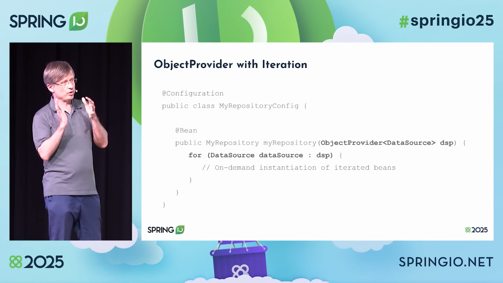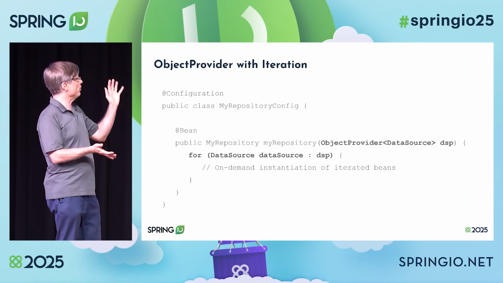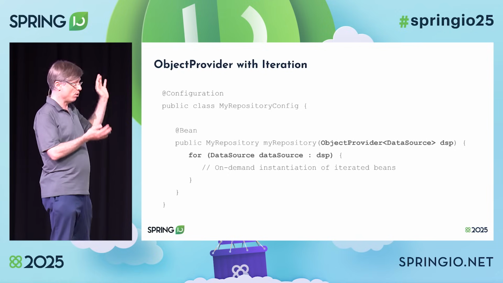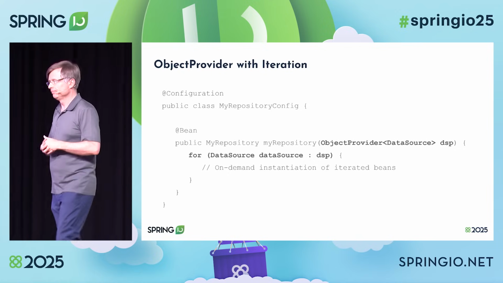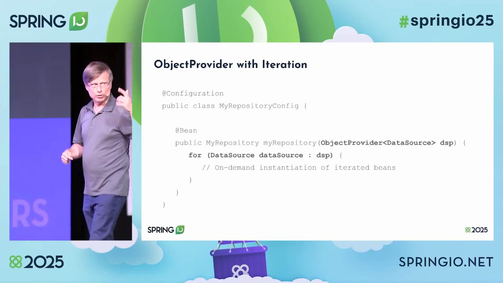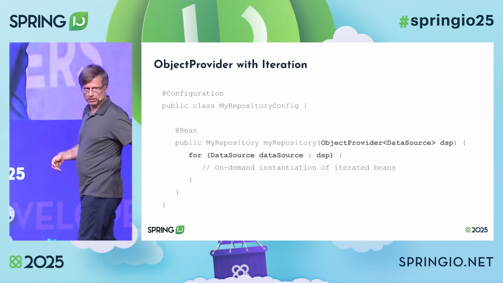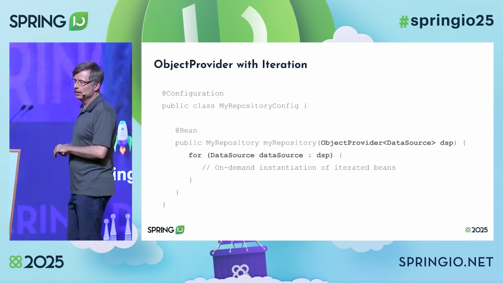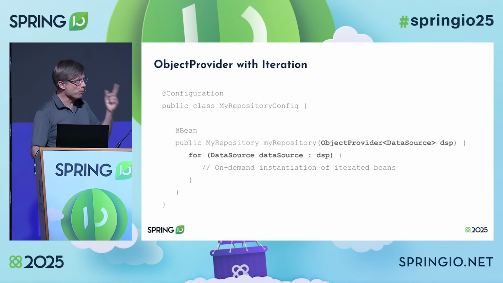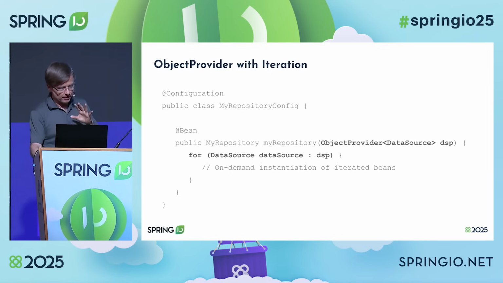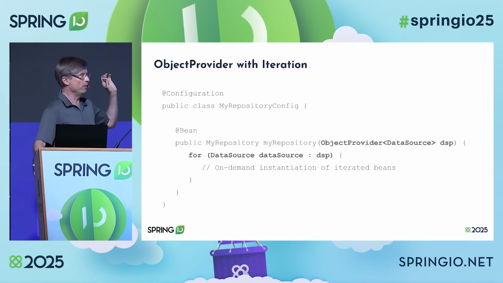So we're not going to resolve any of those data source beans before you actually call iterator. And even the iterator itself is lazy. So the objects are only resolved on the next call. If you abort, if you don't fully iterate, the rest of the beans is not being forced to initialize. They can be initialized for other reasons, obviously, but the loop itself doesn't force them to be initialized at the time of loop execution.